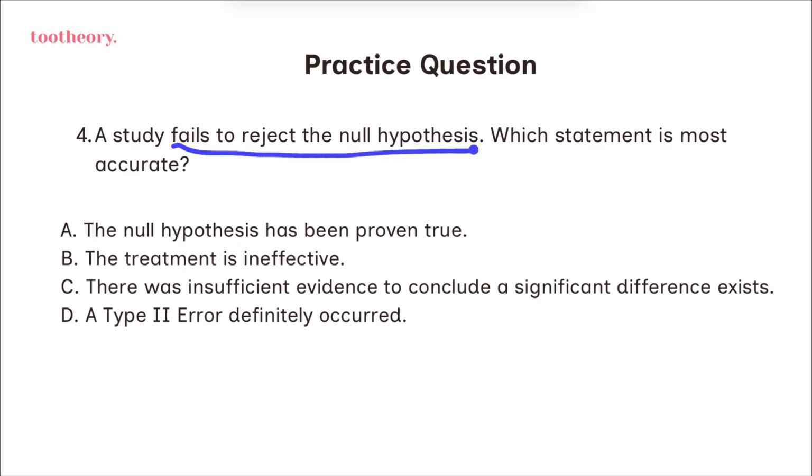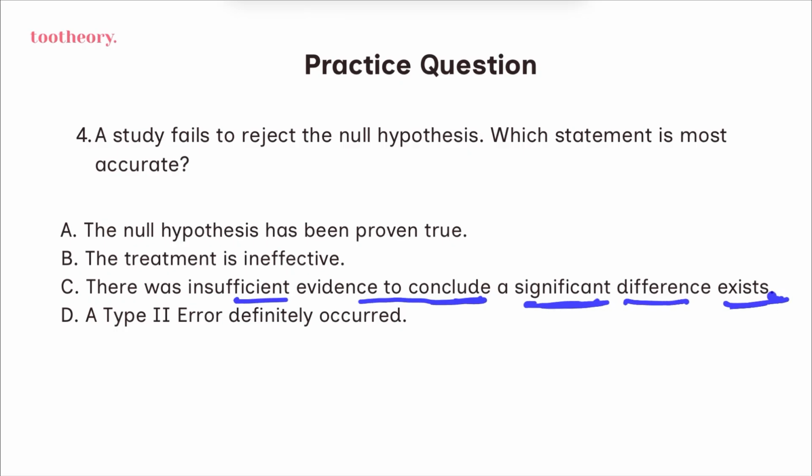So if a study fails to reject the null hypothesis, does that mean the null hypothesis is true? No. So the correct answer is there was insufficient evidence to conclude a significant difference exists, right?